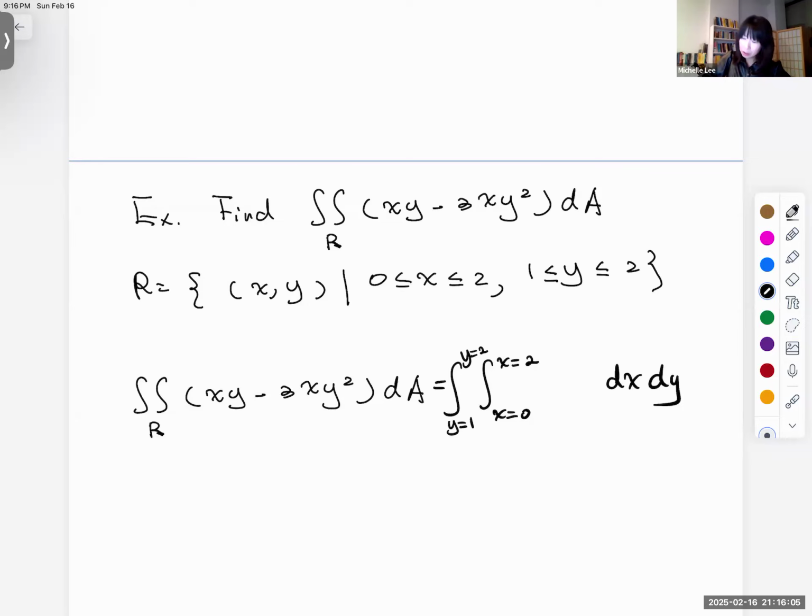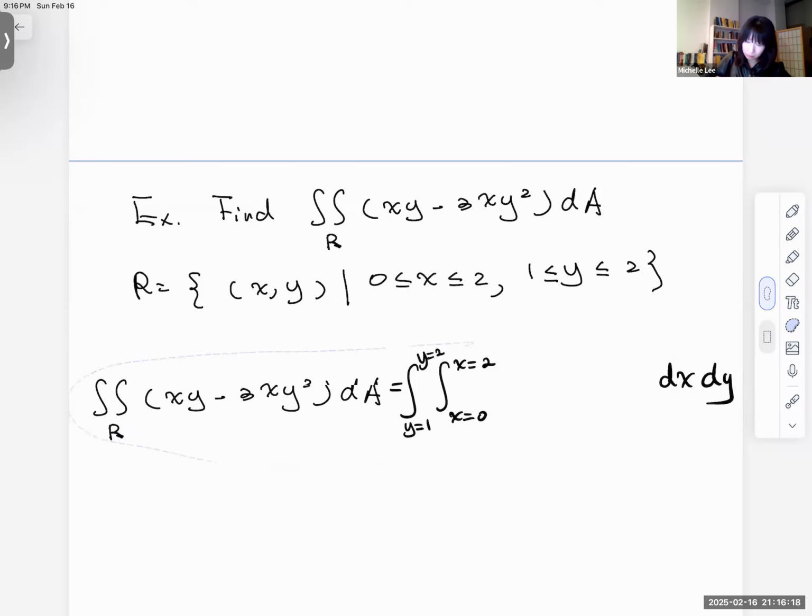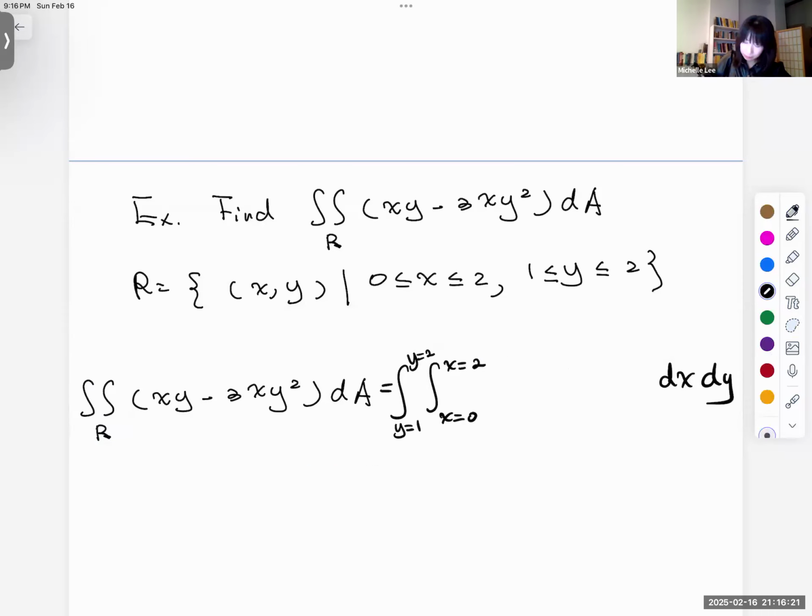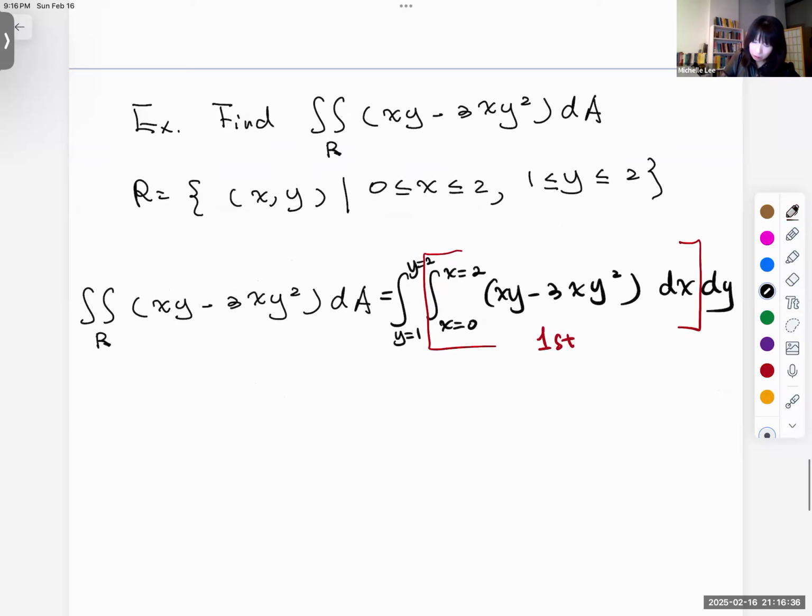Then the function xy, I need more space. Let's make xy minus 3xy squared. Okay, so we want to integrate this one first.